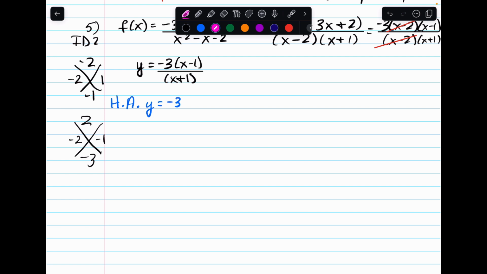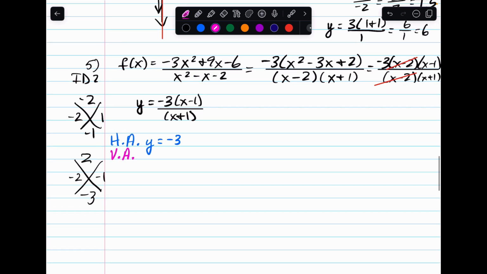The next one, vertical asymptote: you're going to set your denominator equal to 0, x plus 1 equals 0. We subtract 1, and we end up with x equals negative 1. I'm going to go ahead and box these just so I don't lose sight of where everything is. Y equals negative 3. X equals negative 1. And then let's go to the next one.